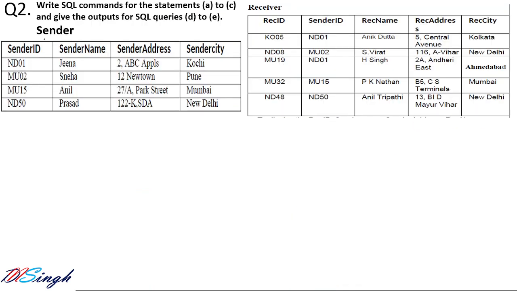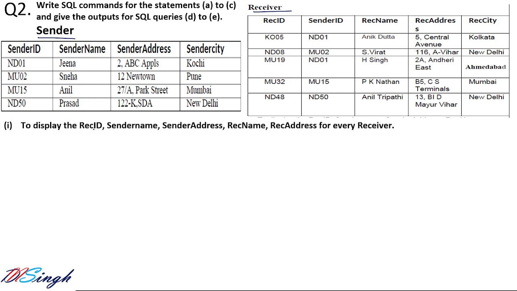The second question says we have two tables, sender and receiver, where we have some data, and based on that data we need to write the queries. To display the receiver ID, sender name, sender address, and receiver name, receiver address for every receiver.